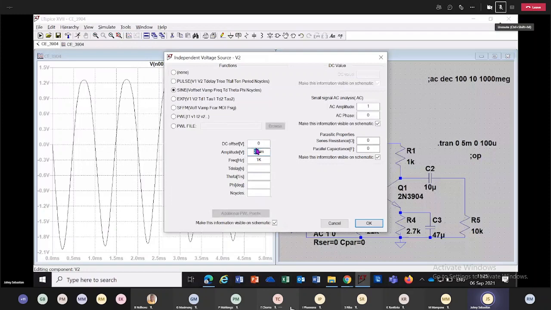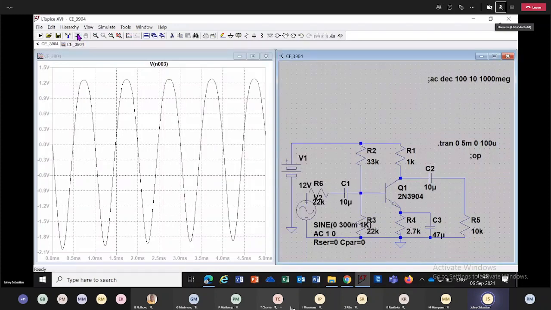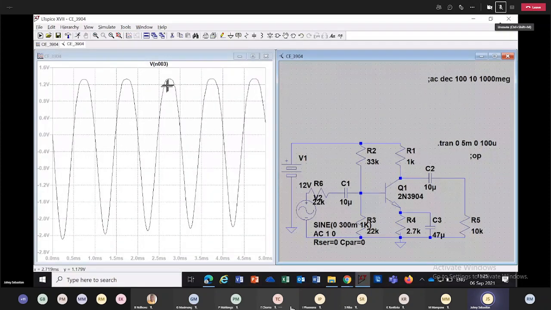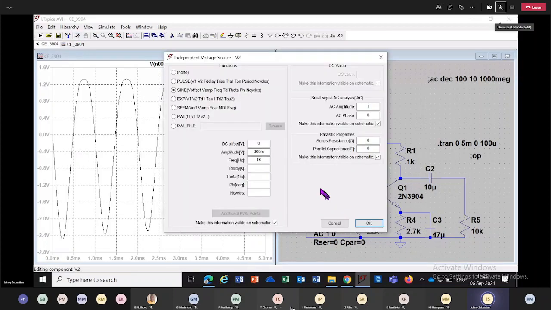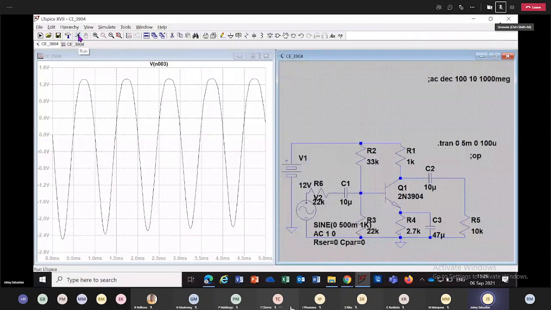300 milli. Simulate, you can see the positive side is flattening, flattening, flattening. More distortion on the positive going signal, indicating the amplifier is entering cutoff region. Sorry, I wanted to increase it again and show you. I'm going to make it 500 millivolt. Look at how the positive side and negative side are now.